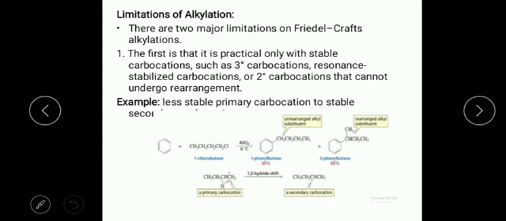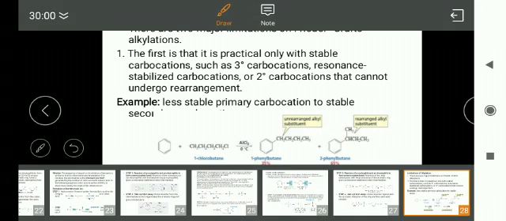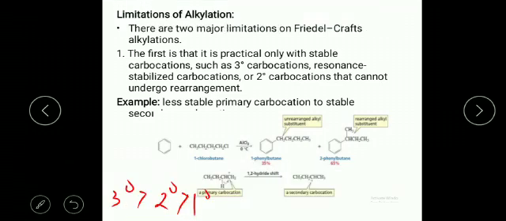Between primary, secondary and tertiary carbocations, tertiary carbocation is more stable than secondary, and secondary is more stable than primary. So this reaction is possible only with stable carbocations.